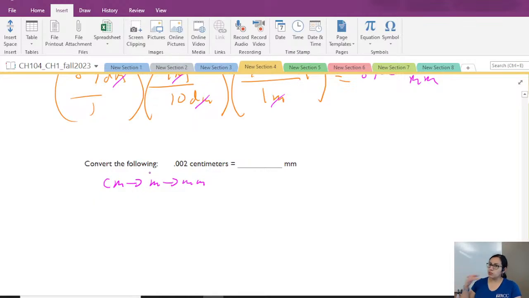I said that's always your safe space. We have our conversion factors to get to our safe space, essentially. So you could always get there. Or you could do it directly if you know how many millimeters are in a centimeter. You could also look at this as 10 to the negative 2, 10 to the negative 3. There's your factor of 10 difference.